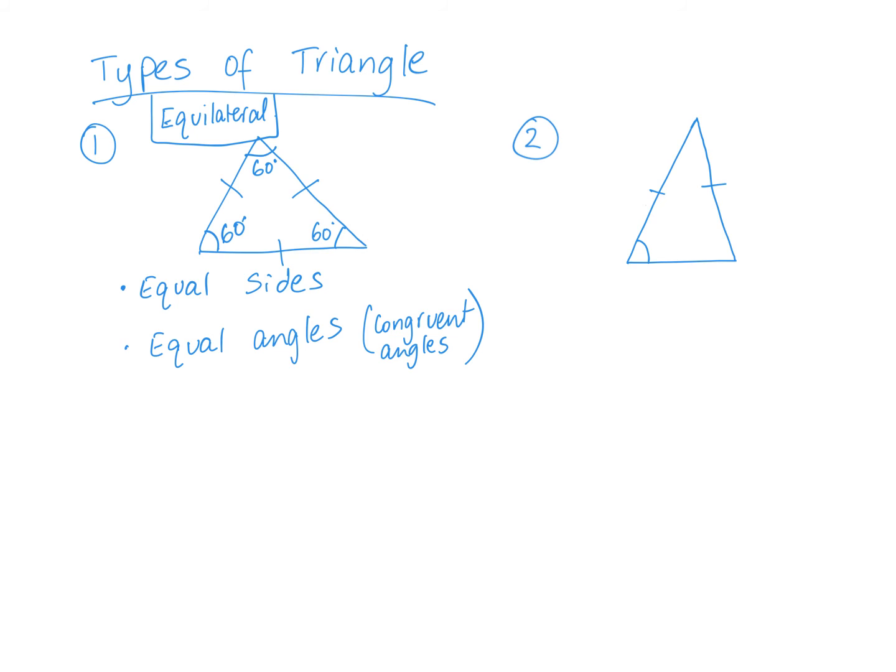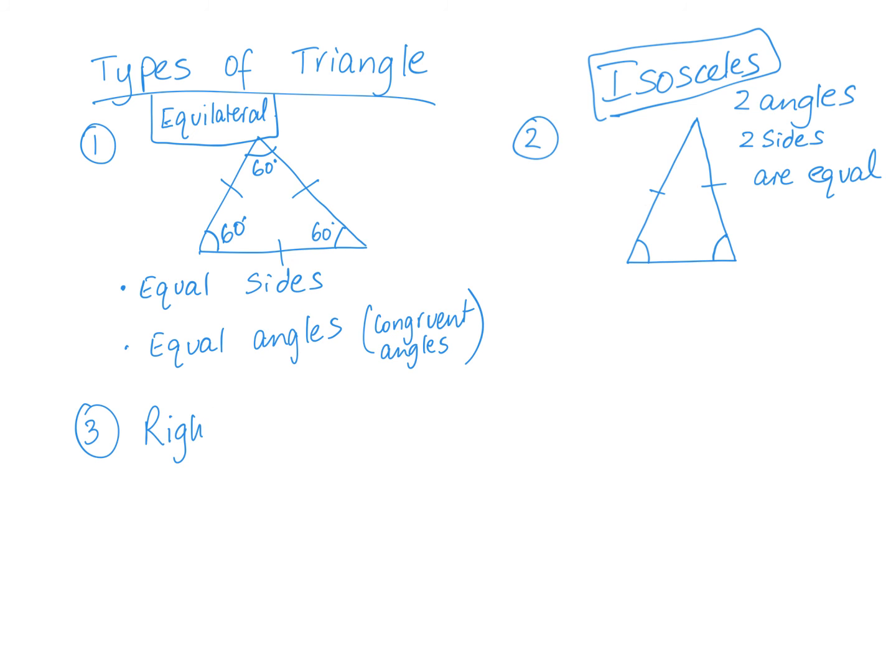So here two angles are equal and two sides are equal. This is isosceles.